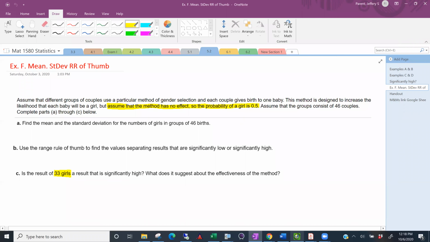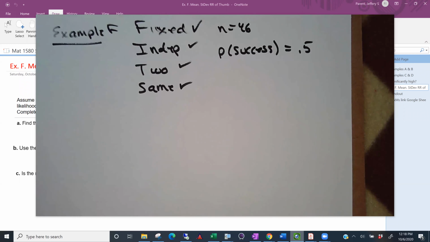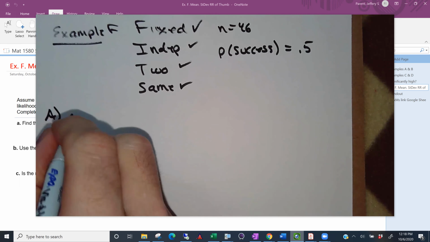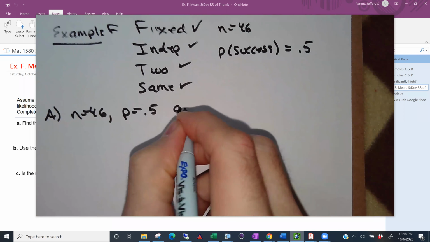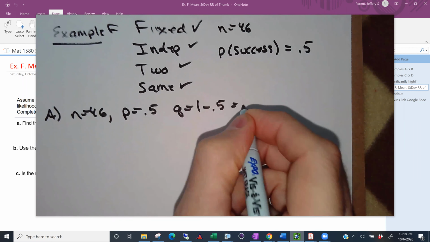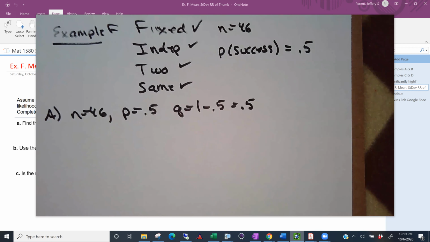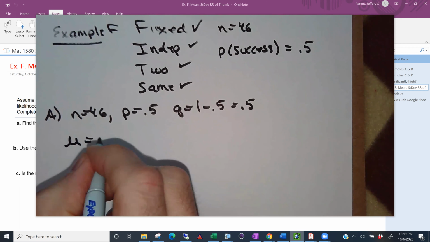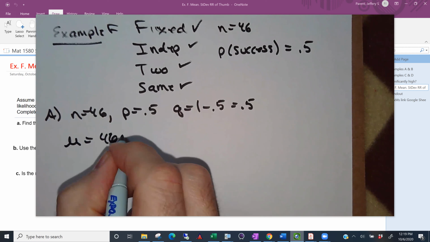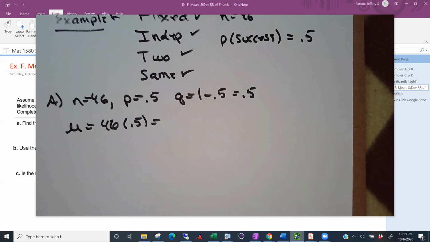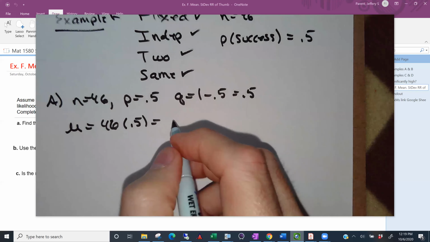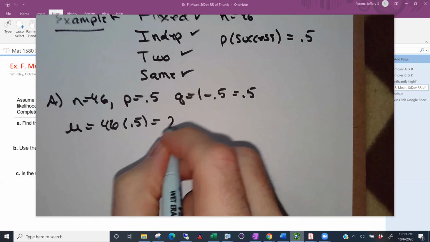So it says find the mean and standard deviation for the number of girls in 46 births. So let's do part A then. n is 46, p equals 0.5. That means q equals 1 minus 0.5, which is again 0.5. How many girls do you expect out of the 46 couples? 23.